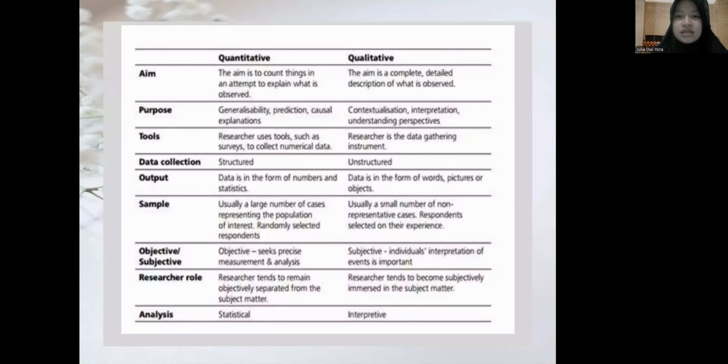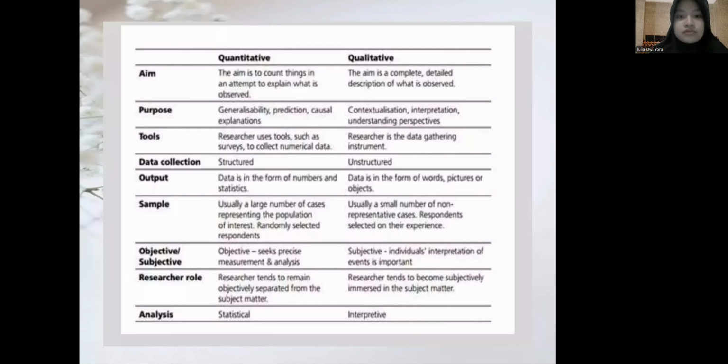So we just add more descriptions, and we don't need a strict structure, not like quantitative. The output: quantitative data is in the form of numbers and statistics, but qualitative data is in the form of words. So the form of the data is words, pictures, or maybe objects.